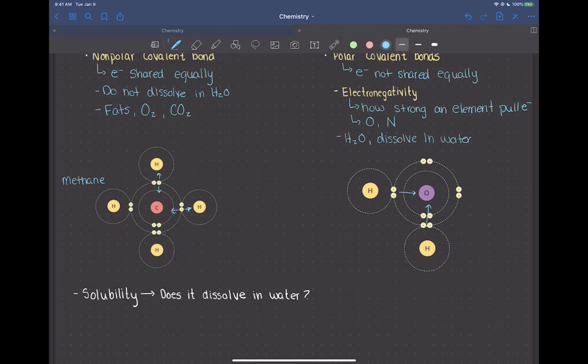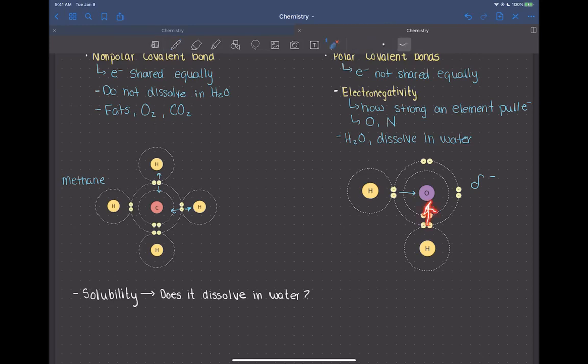That gives this oxygen on this water a little bit of a negative charge, so we usually just write that partial negative, just to note that. It doesn't fully take the electrons, because remember we're sharing, even though the sharing isn't equal. We're not transferring.